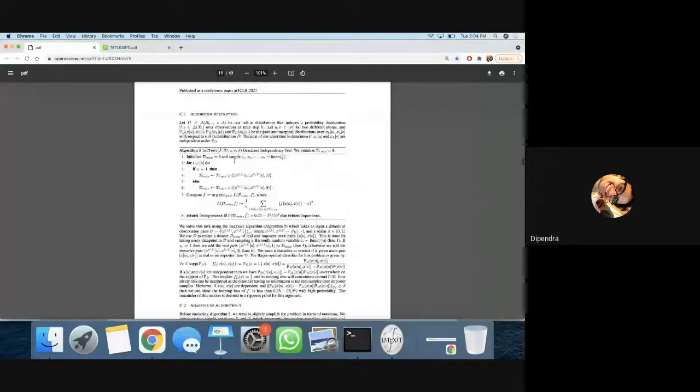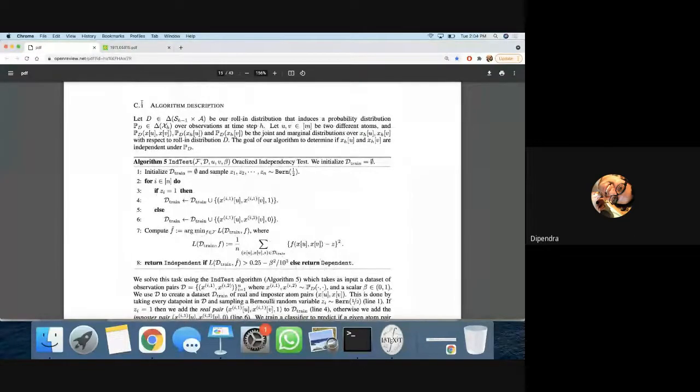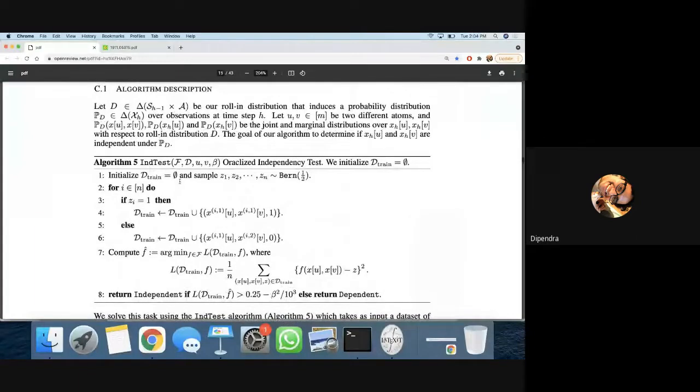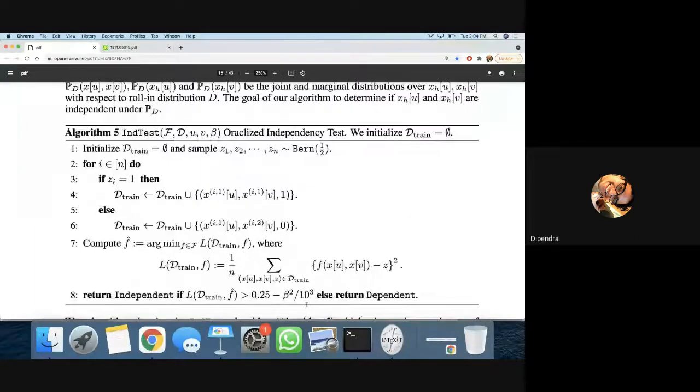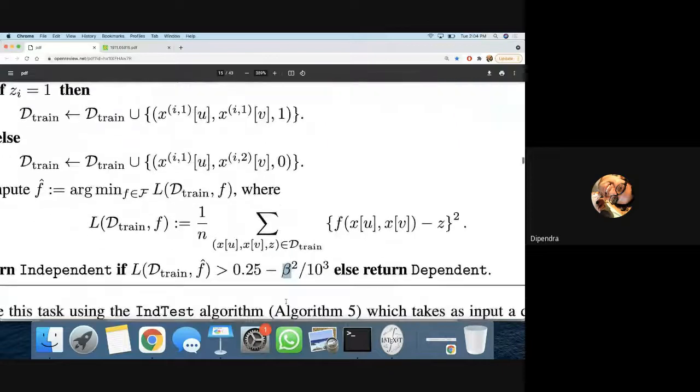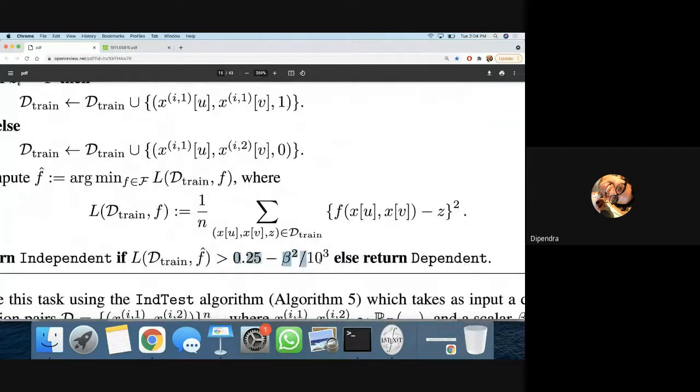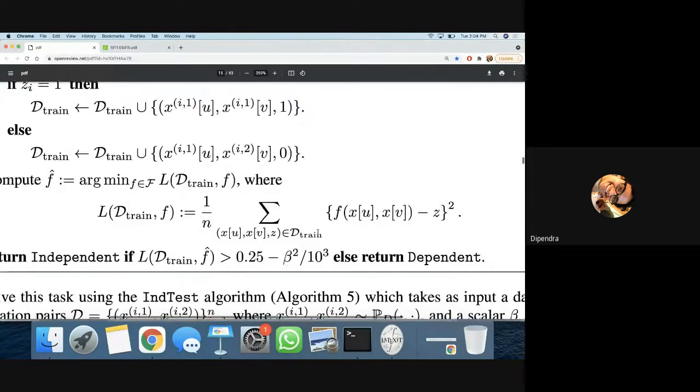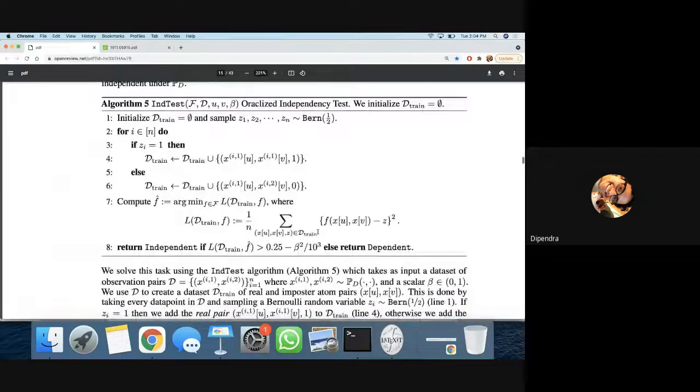This section is written in an independent fashion, so it doesn't refer to the rest of the paper. We assume that there's a dependence of beta on the information, and so tau is 0.25 beta squared divided by 1,000, where beta is the mutual information term.